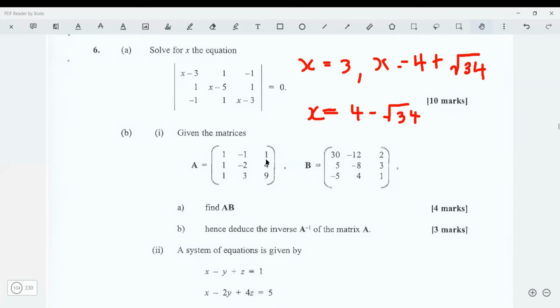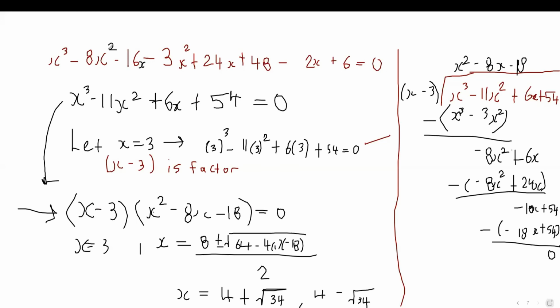It says this is a matrix A and this is a matrix B. I need to find the matrix A times B, so we're just going to multiply them across. Remember, this is just CSEC maths now. We can quickly run through this to find the matrix A times B. So let's just write out what matrix A is.